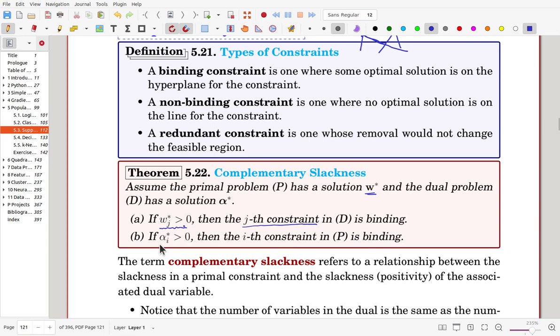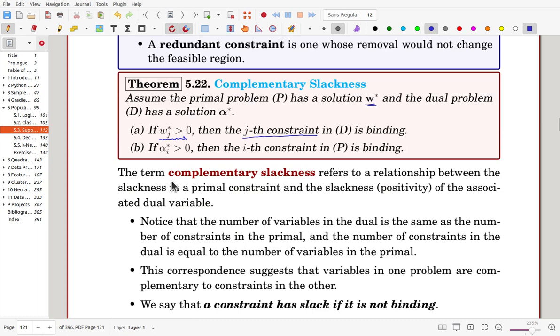And if alpha i star is positive, that means the dual variable is positive, then the ith constraint in the primal is binding. That means again that the inequality turns to be equality for the ith component.